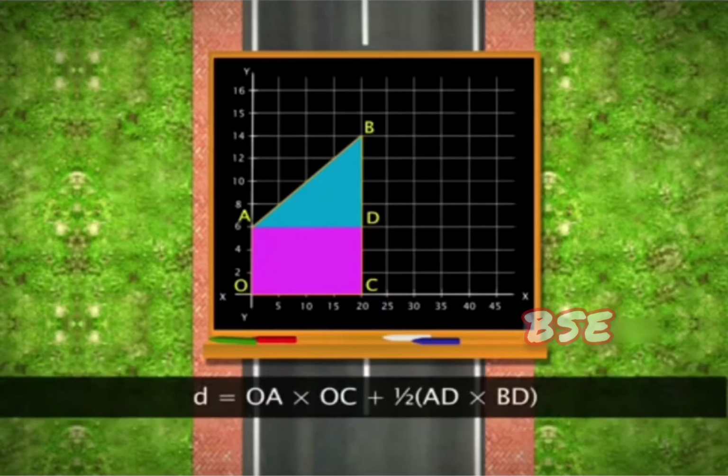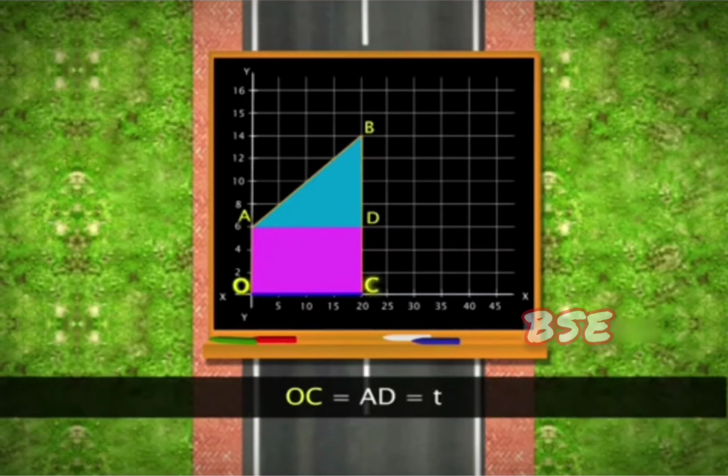If you examine the equation and the graph carefully, you can see that OA is the initial velocity u. OC and AD both represent the time taken. And BD depicts the result of acceleration multiplied by time taken.